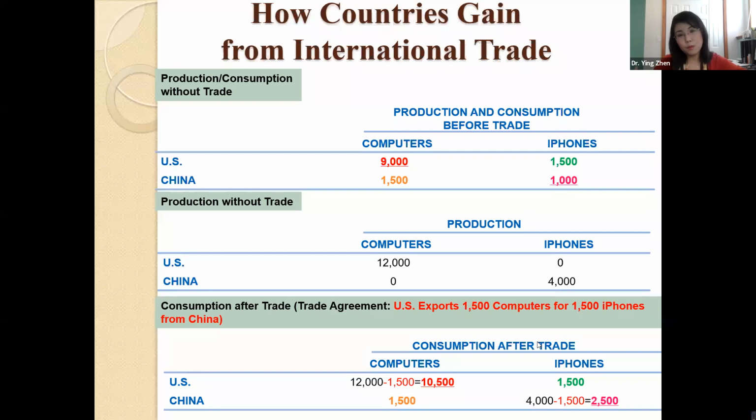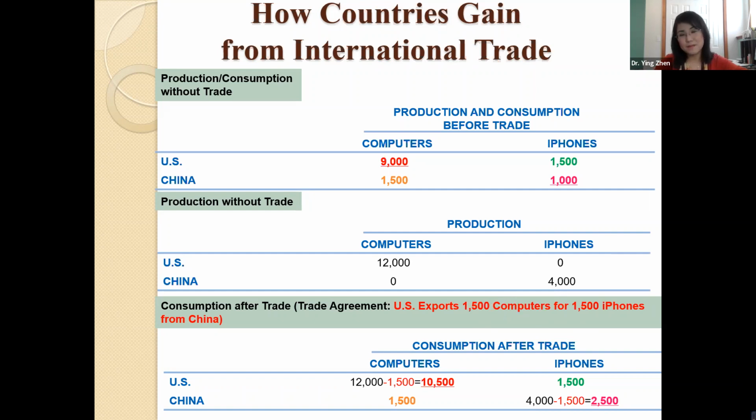But here there are still at least two important points behind it. We need to make students aware that we cannot randomly assume terms of trade. This is just an example, and this happens to work, right? This is provided by the textbook.